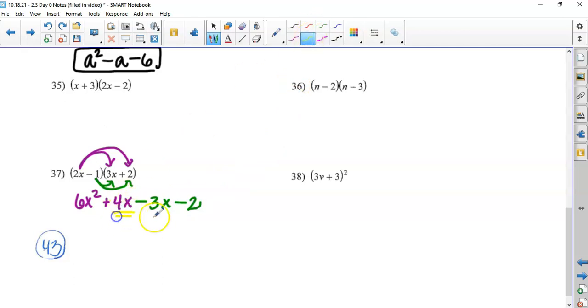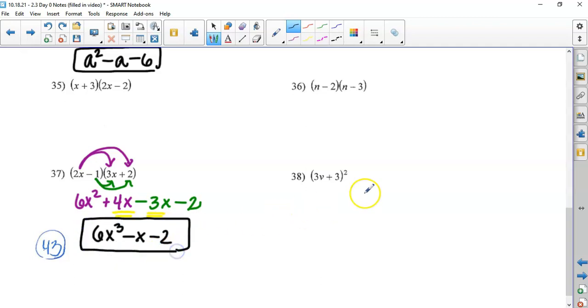Combining like terms, they're right here. So my final answer, 6x cubed minus x minus 2. Quick reminder on notation on 38. This means 2 of these guys. So 3v plus 3 times 3v plus 3, and then you can distribute as you would.